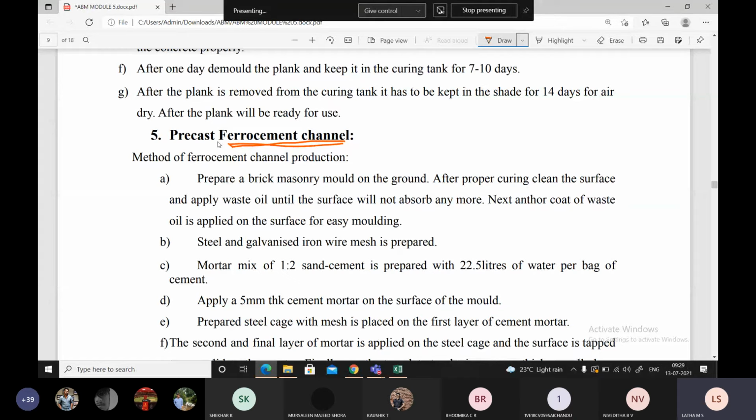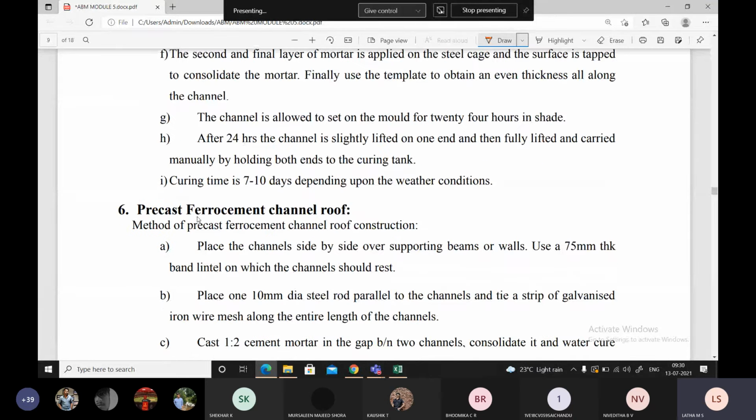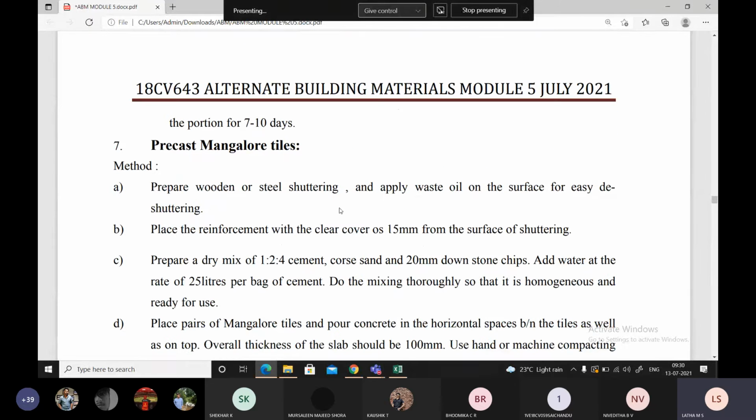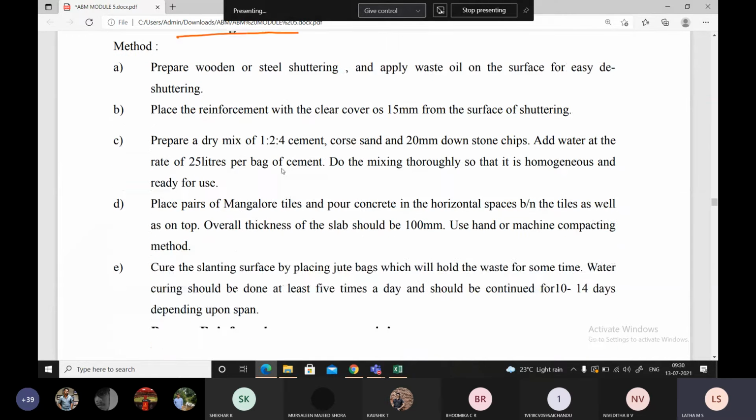So precast in the form of ferro cement channels is also available. Then sixth one, ferro cement channel roof is also available. Then seventh one is precast Mangalore tiles. So such type of precast elements are also available with us.